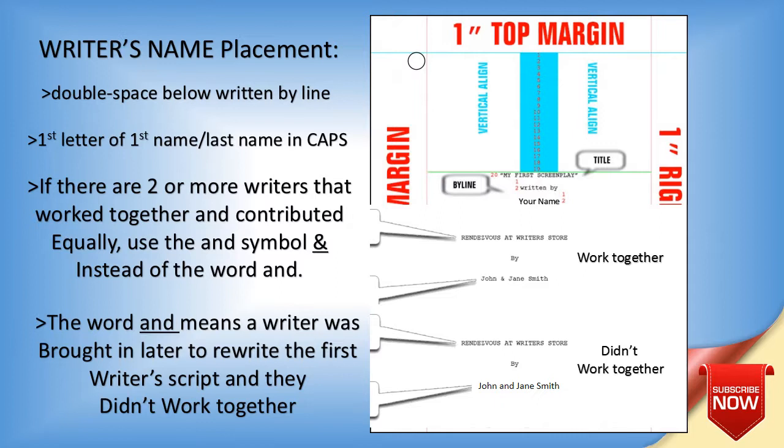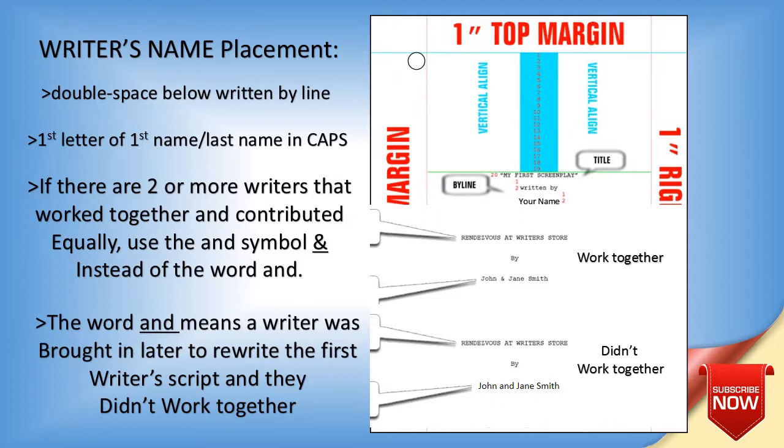Then instead of putting just your name, you put your name, the symbol and, you don't put the actual word, you put the symbol, and then you put his name. So it's your name, the symbol and his name, if he was there with you, helping you write the screenplay and contributed equally.